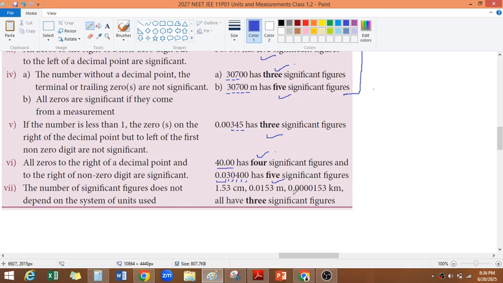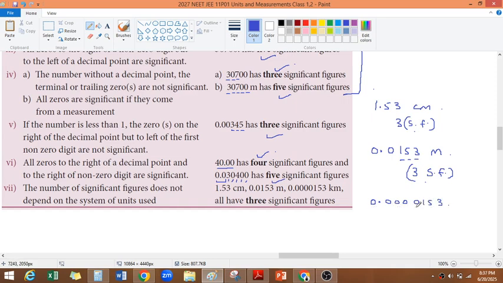Whichever units you use, the significant figures remain the same. For example, take 1.53 centimeters. How many significant figures? 3 significant figures. If I convert it to meters, it will be divided by 100, so it becomes 0.0153. As I told you, you don't have to consider these zeros. So 1, 2, 3, again 3 significant figures. Even if you convert to kilometers, it will be divided by 1000, so it will be 0.00000153.